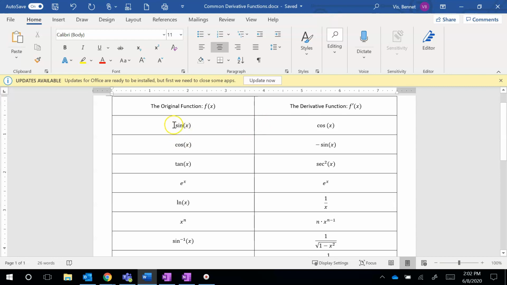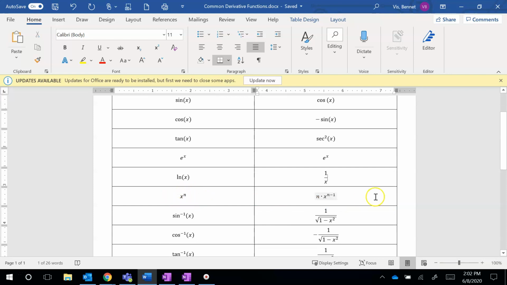So the sine function, I can find its rate of change using just the cosine function. And the cosine function, I can find its rate of change by doing the negative sine function. The exponential function, e to the x, its derivative is itself. The natural log function, the derivative of that is 1 over x, just nice and simple.